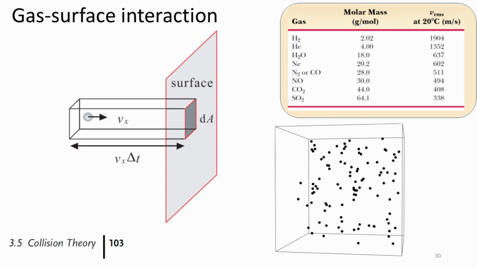Consider a surface A perpendicular to the x-axis. A molecule whose velocity component along x is positive strikes the surface during the time delta t if it is at a distance less than or equal to Vx delta t from the surface. If n is the number of molecules per unit volume, then there will be n A Vx delta t molecules in this volume.